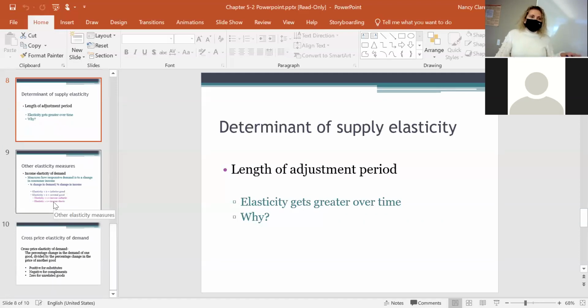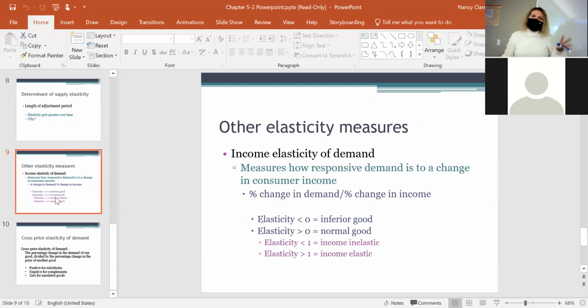Okay, so let's move on to a couple other elasticity measures that I think are pretty interesting. They're a slightly new hybrid of this price elasticity of demand and supply thing, but really cool and can tell you a lot.